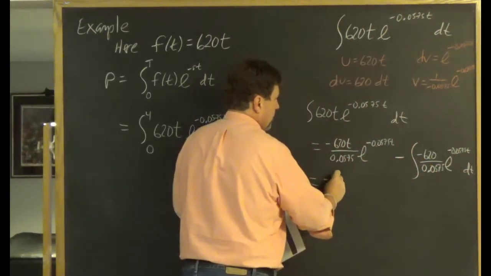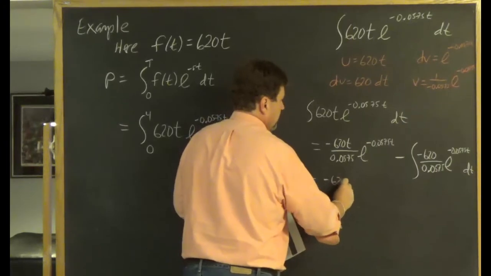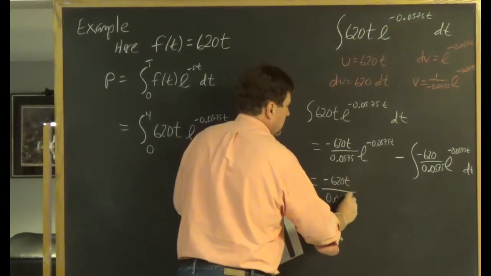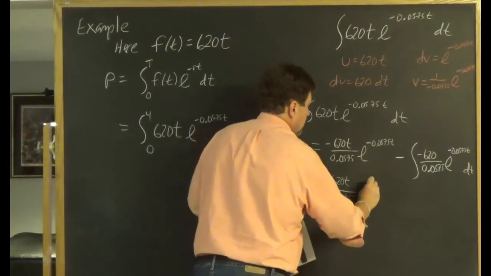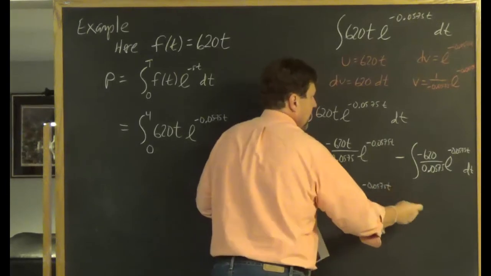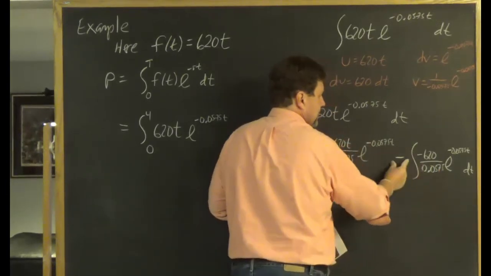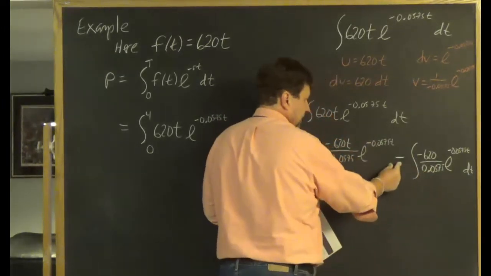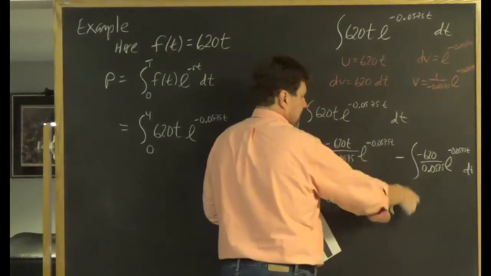So putting in one more extra step, I can take this constant and rip it out front. If I take this constant and rip it out front, notice I'd have minus a negative.